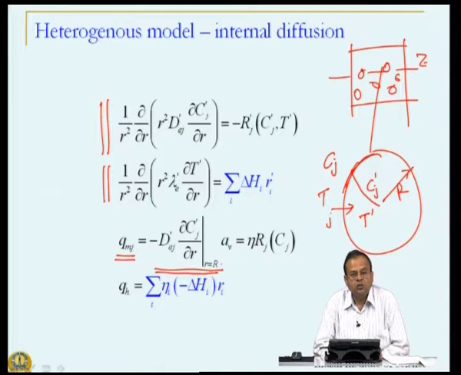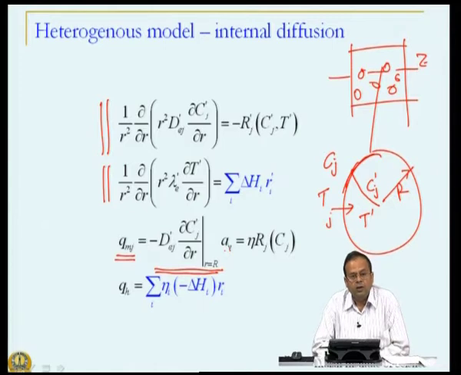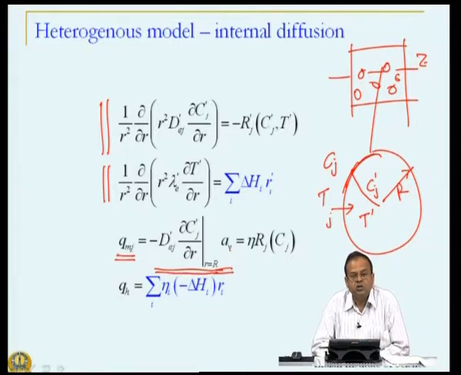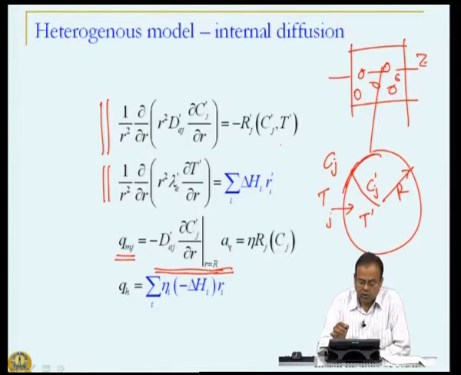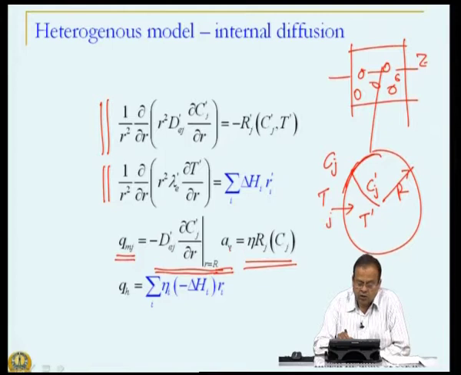This is what we have for a single particle, multiplied once again by the number of particles per unit volume of the reactor. This is what will give us the rate at which species J is changing in the bulk. Now, we also know from these mass balances and respective boundary conditions, we can write this whole thing as effectiveness factor, that is nothing but my observed rate, but per unit volume of the reactor, which we can write as effectiveness factor into the rate at the bulk conditions.